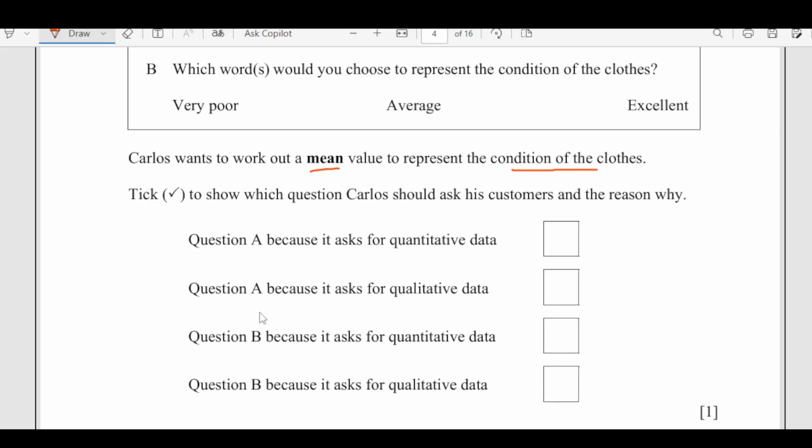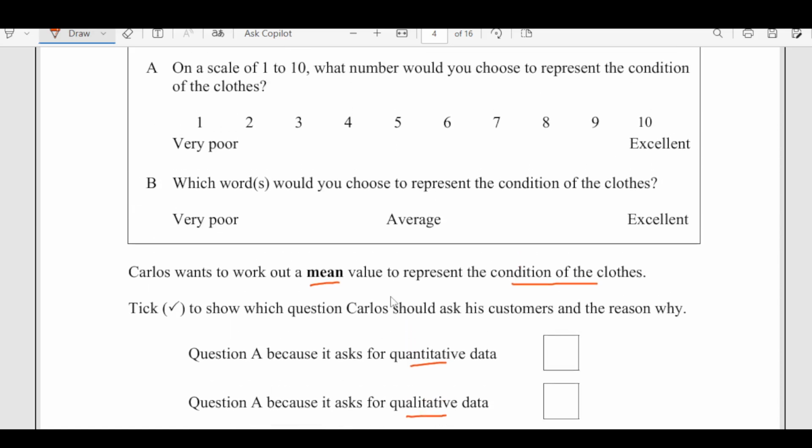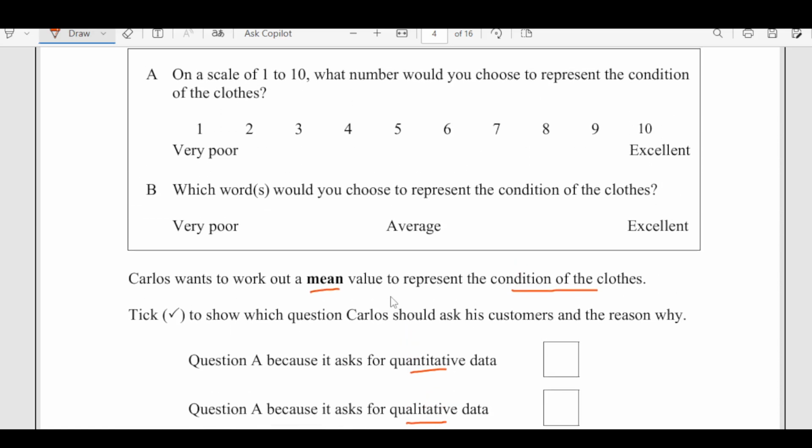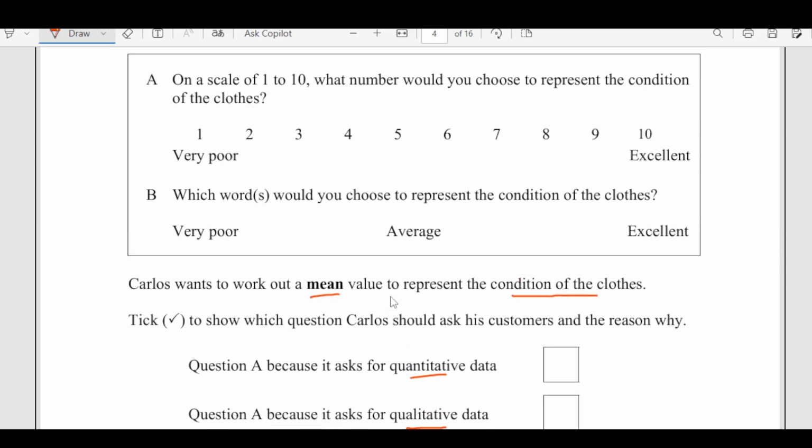So, we are comparing the quantitative and qualitative, this gives the quality and this gives the number, right. So, let us see. First question is, on a scale of 1 to 10, what number would you choose to represent the condition of the clothes? Second, very poor to excellent: which word would you choose to represent the condition?